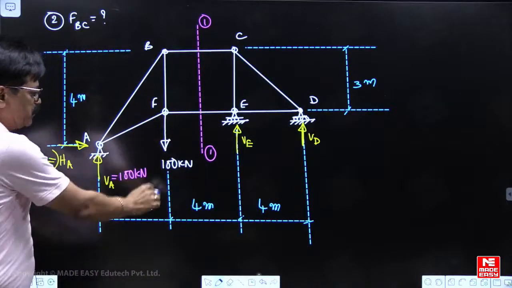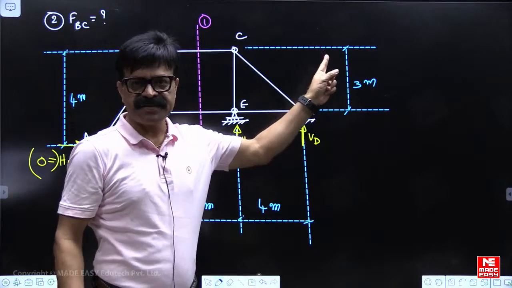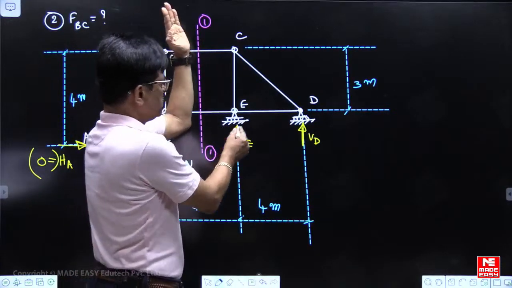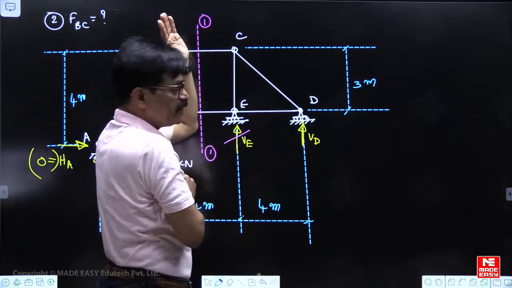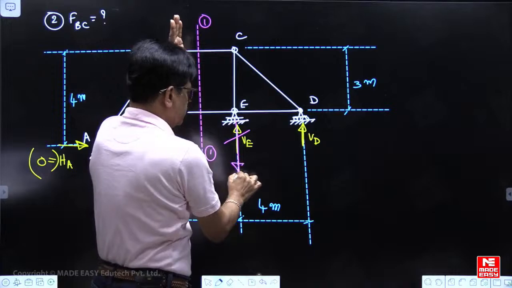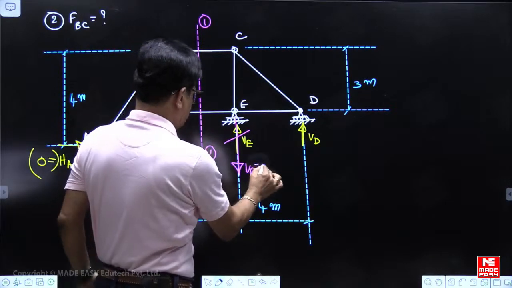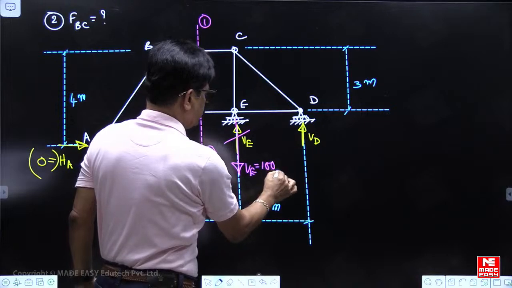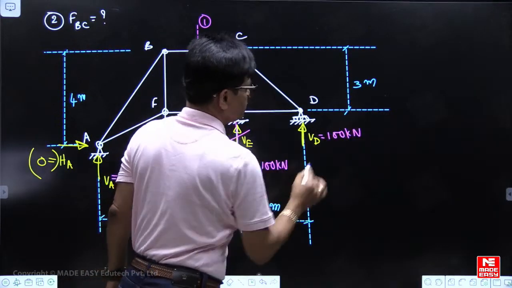If these two forces are giving a clockwise couple, this should give an anti-clockwise couple. So that means two reactions only should resist this one. So VE cannot act upward because this is already clockwise, it should be anti-clockwise. So VE must be downward. How much? Distances are same. So VE must be 100 kilonewton down, VD must be 100 kilonewton up.